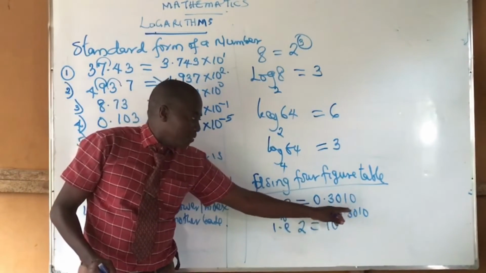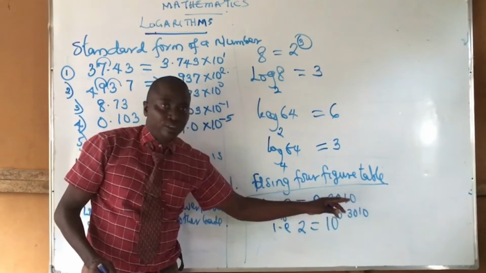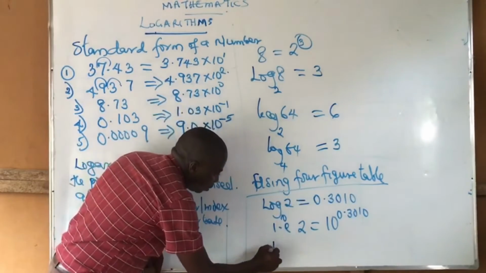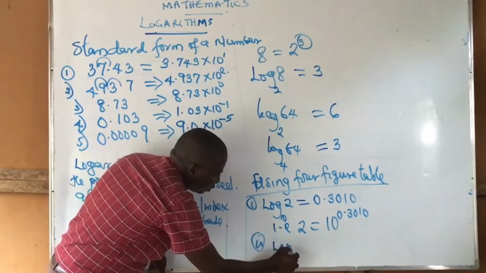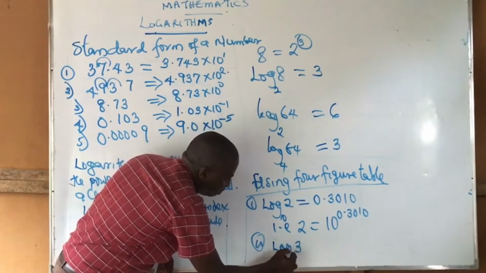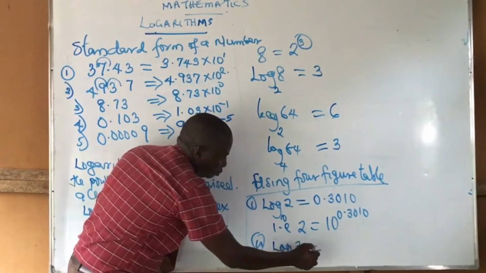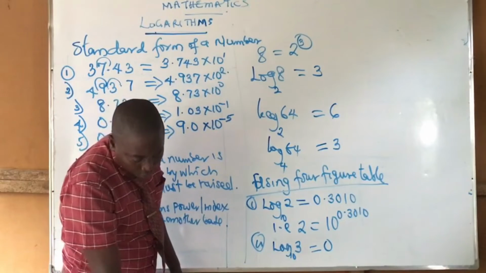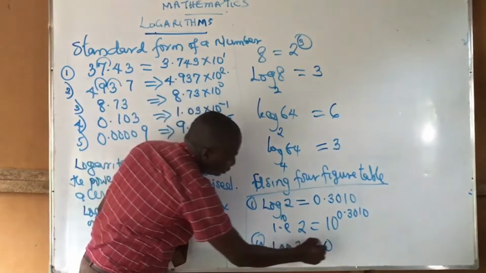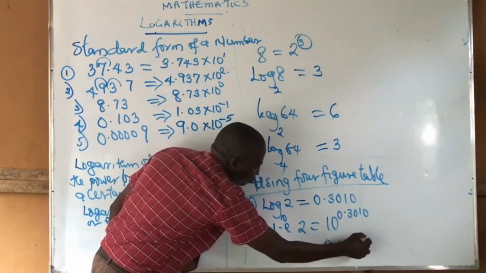10 raised to power 0.3010. Likewise, log 3 base 10. When you check your 4-figure table, it will be 30 under 0. It means that it is 0.4771.